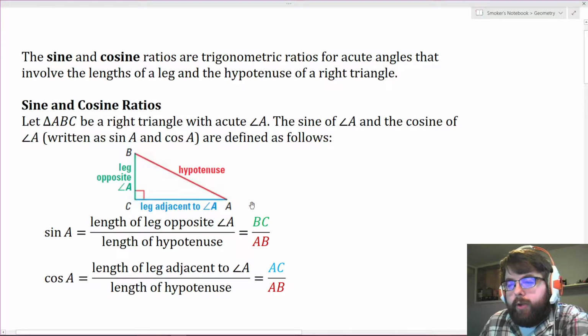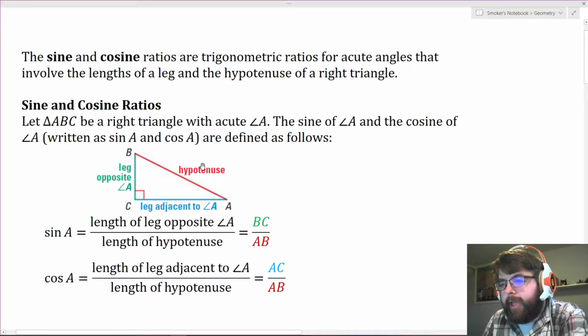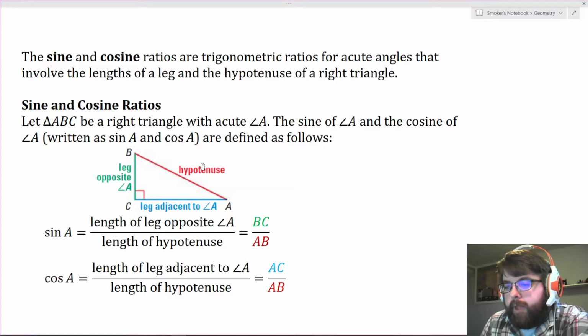So when we were looking at tangent, tangent was opposite over adjacent. Well, sine and cosine are different. They're going to be different ratios. Instead of opposite over adjacent, sine is going to be the opposite leg divided by the hypotenuse. So sine is a comparison of the opposite leg and the hypotenuse.